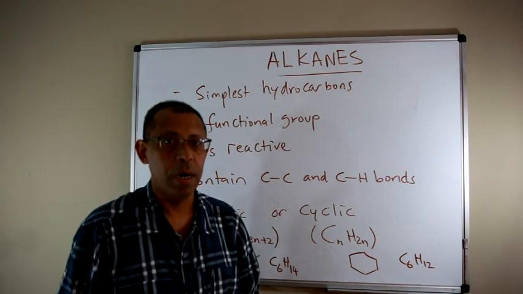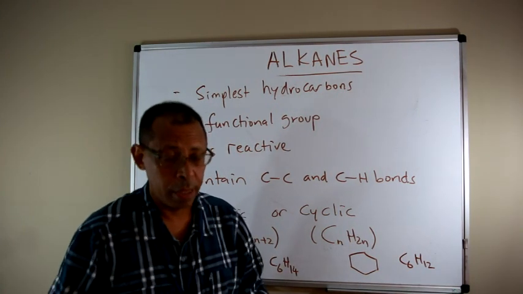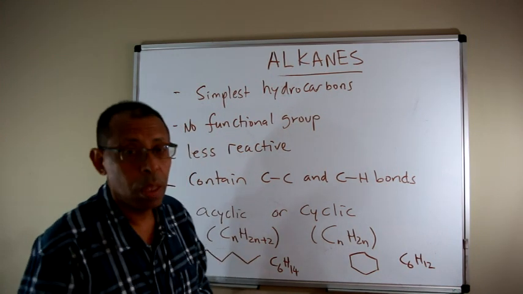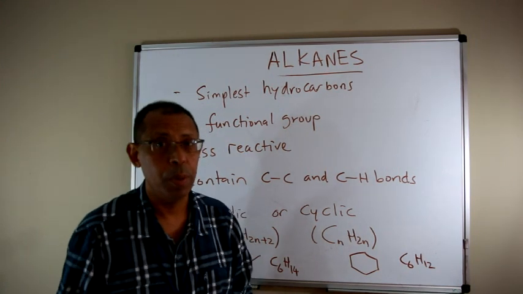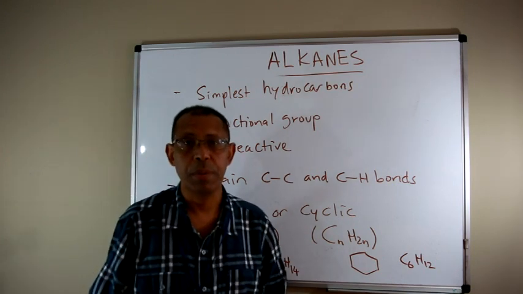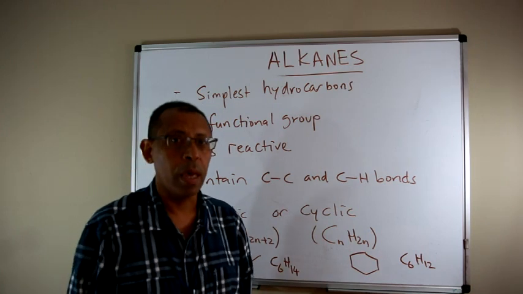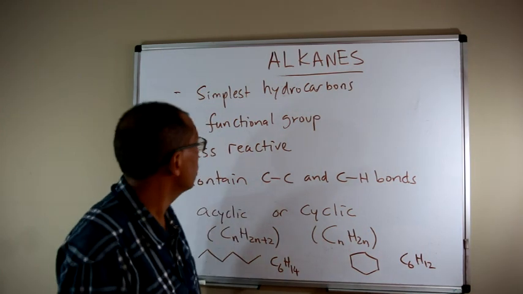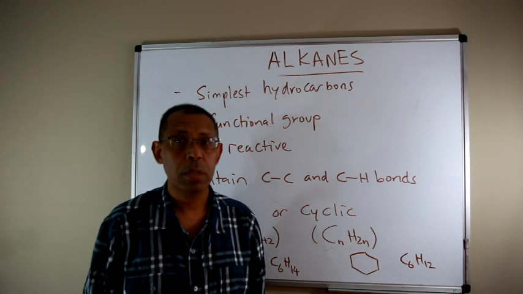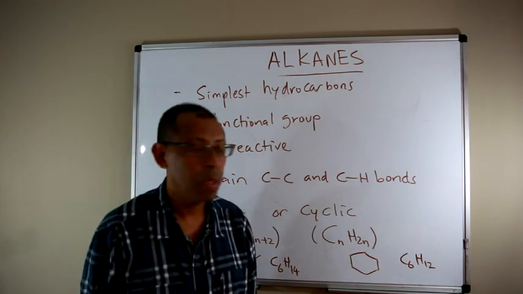Hello everyone, welcome back. Today we'll be starting a chapter on alkanes, and alkanes are the simplest hydrocarbons. As you know, most of the hydrocarbons are derived from fossil fuels by extraction from natural resources, and alkanes are the simplest of all the hydrocarbons.